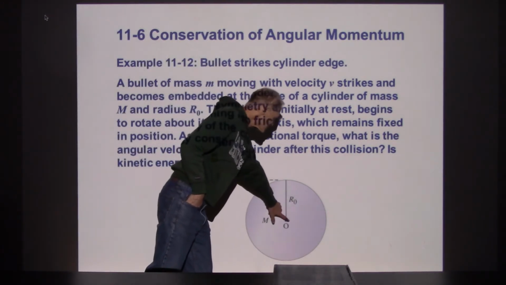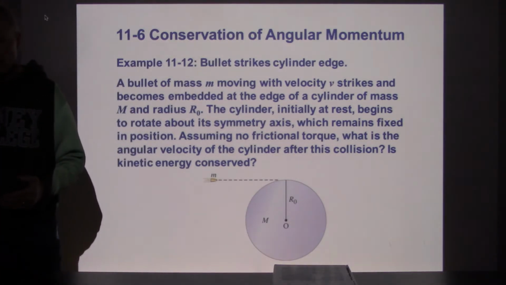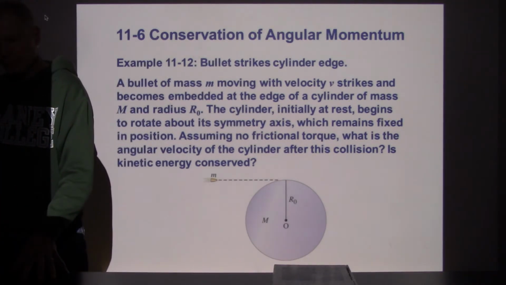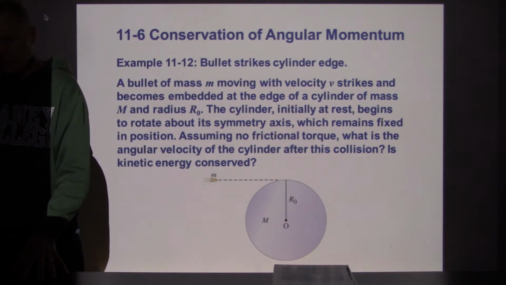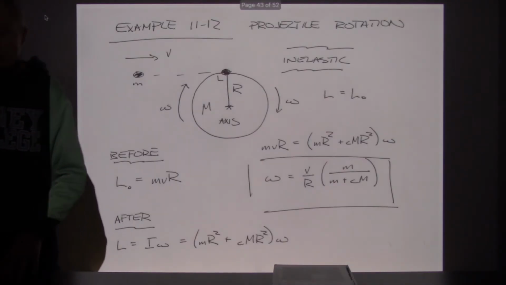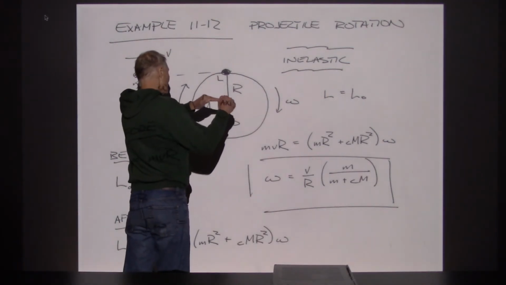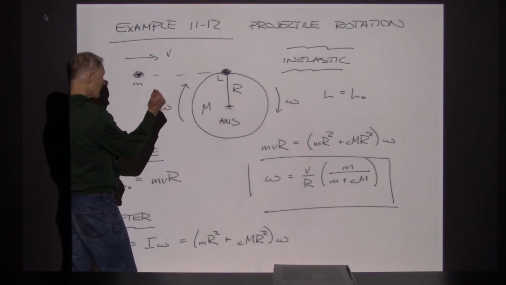Now, to keep this simple, we're going to use a fixed axis. So we'll say here is a fixed axis right here, with an axis coming out of the page.